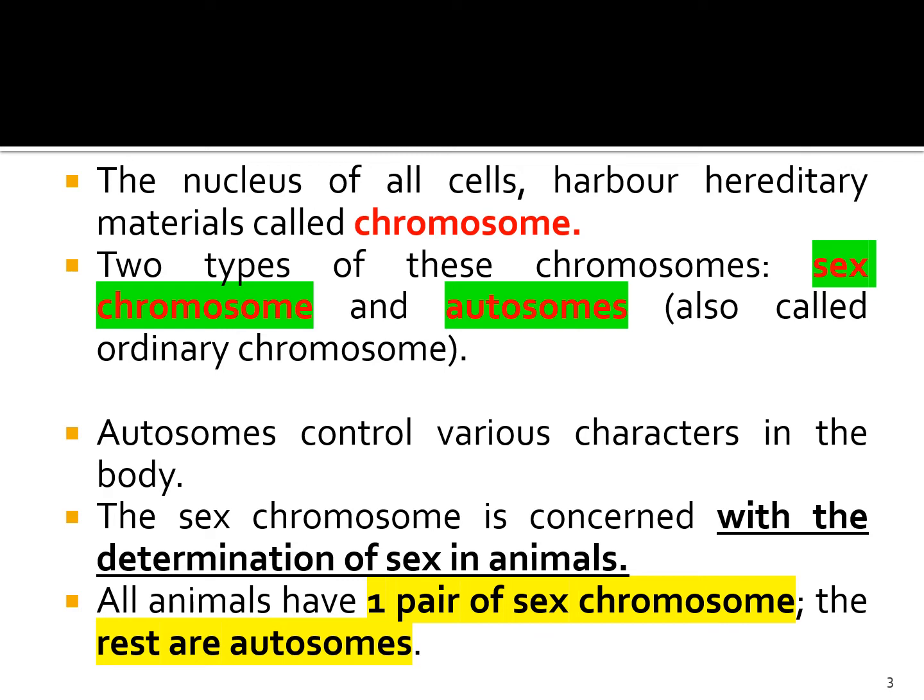There are 46 chromosomes in a complete human, so with one pair being sex chromosomes, the remaining 44 are autosomes. The sex chromosomes help in determining the sex of the individual animal.